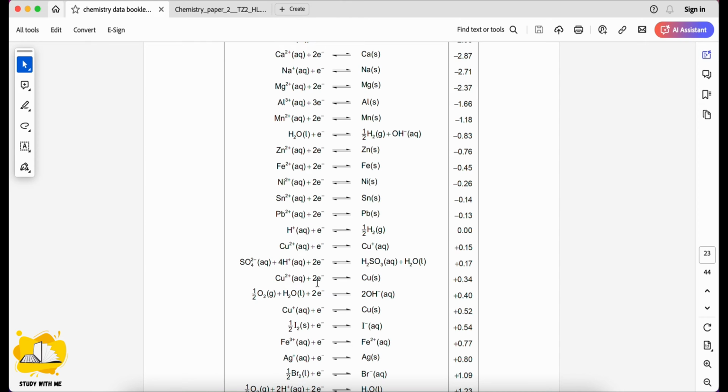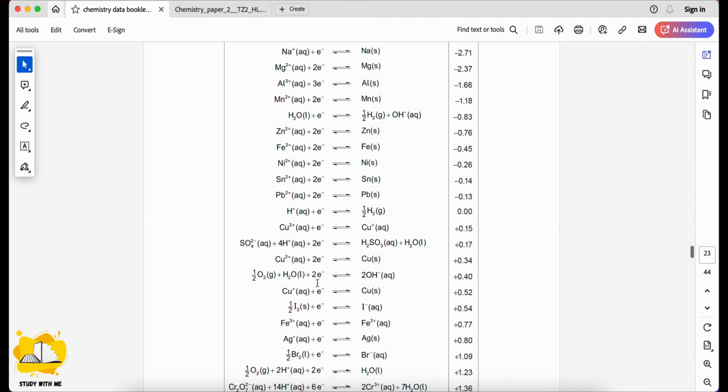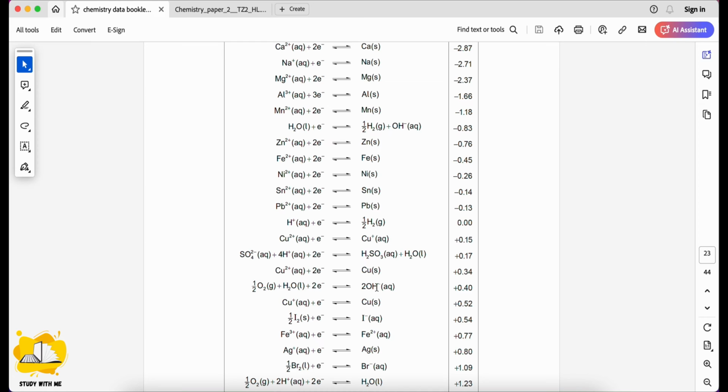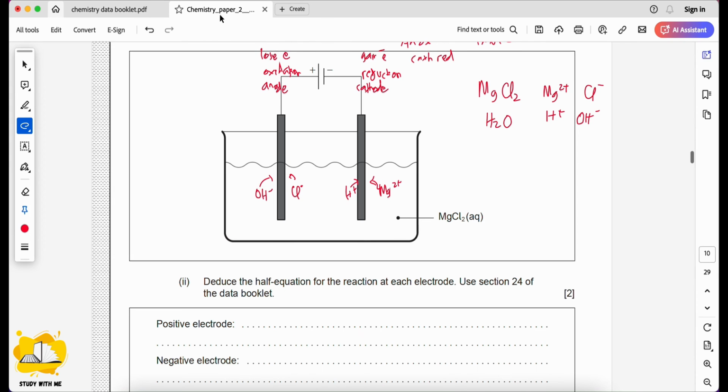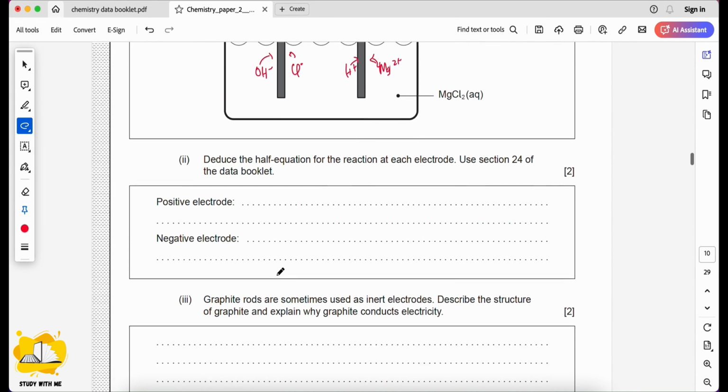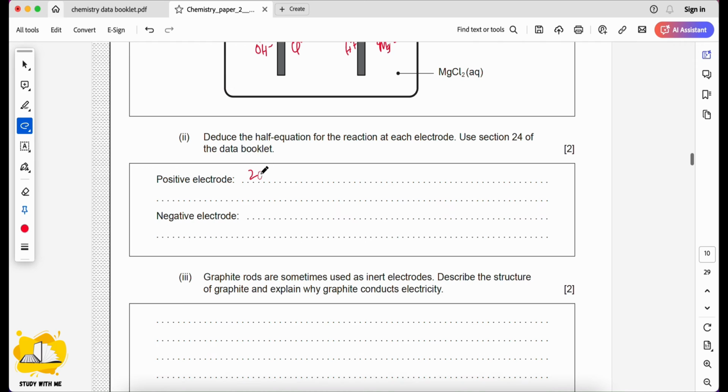Let's find that in the booklet. Here, but this one is gaining electrons, so we need to flip the reaction because it is losing electrons. So that would be 2OH- aqueous producing half O2 gas plus H2O liquid plus 2 electrons.